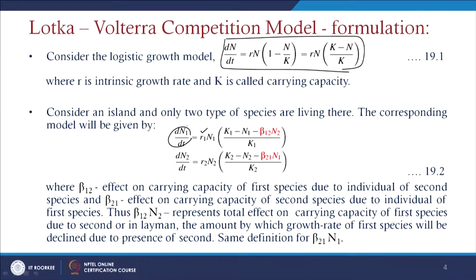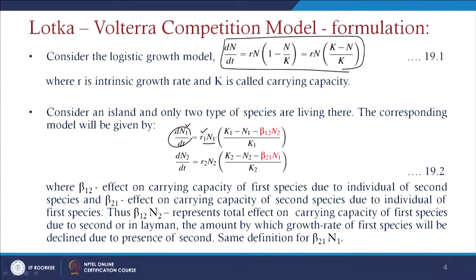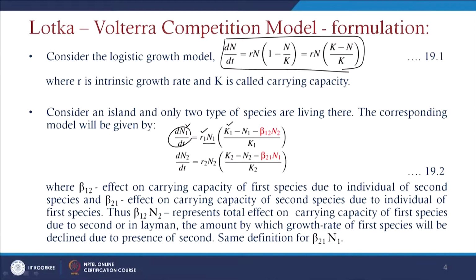This population level with respect to time will change, that is especially R1 N1, and then this population level will be controlled by different factors. The first one is some other species or certain other constraints present there. Then it will be declined by the other species if they are present over there. That is why we have written here minus beta 12 N2.